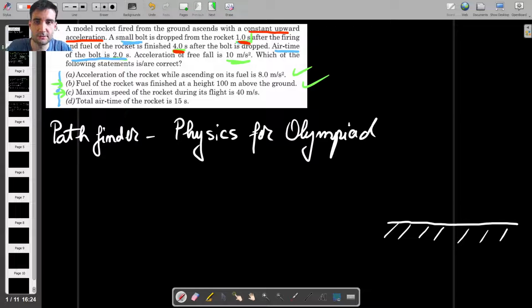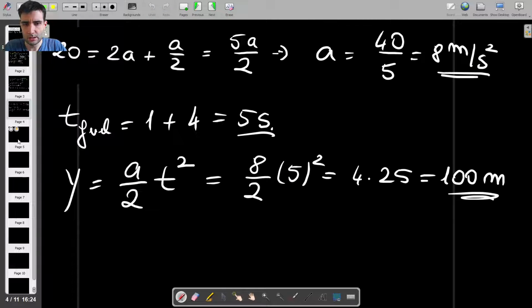The maximum speed of the rocket during its flight is 40 meters per second. Now, when would this maximum speed actually occur? That's the first thing we have to consider. Until this point, the rocket was running on fuel, which means that it was accelerating with this upwards acceleration of 8 meters per second squared. So let's try to maybe draw this out in a certain way.